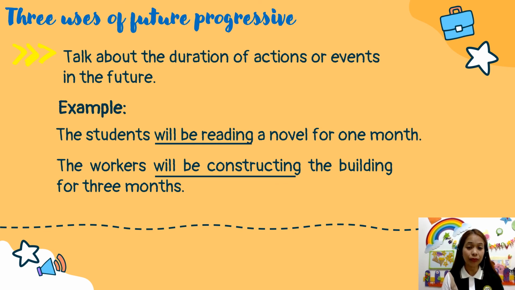And there is a specific duration, which is 1 month and 3 months. Okay, so only for 1 month in the future they will be reading a novel and they will be constructing the building for only 3 months. Okay, that is the duration, what you call duration. All right.